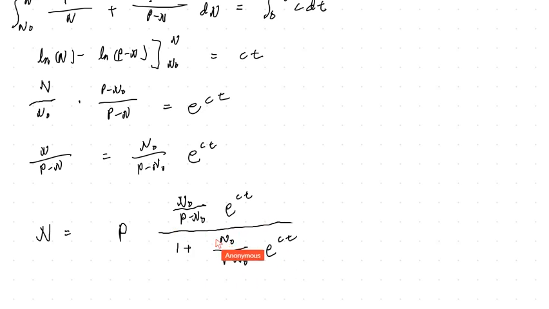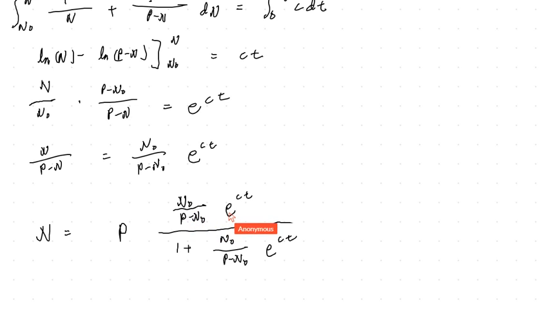This big fraction over here is just a fraction telling us what fraction of the population is infected. So we're going to have n naught over p minus n naught. You can see this appears twice. This fraction gets bigger when the initial number of people infected gets bigger. So it's a fraction telling you kind of what percent of the population was infected at the beginning.